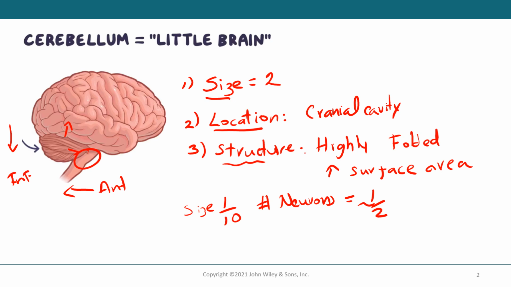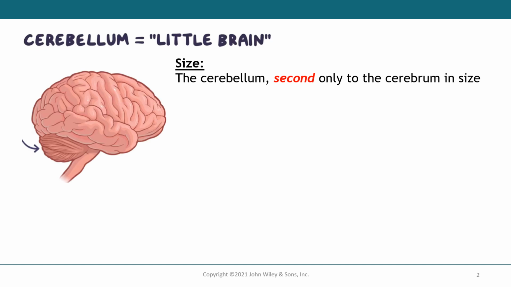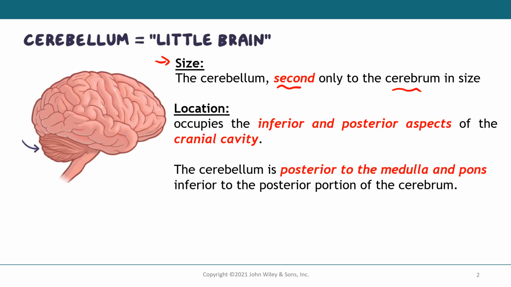Now, let's recap all the information that I told you. I'm going to delete this and be back. Okay, now I'm back. I told you that when we look at the size, the cerebellum is second only after the cerebrum. Then the location can be compared to the cranial cavity, where it is inferior and posterior.